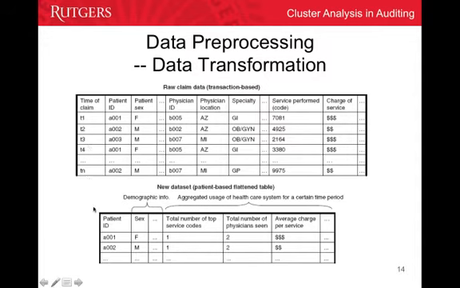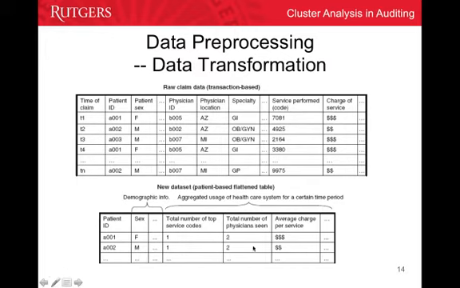For example, if we want to focus on the patient, not on each transaction, we may want to reorganize the data, like aggregate some fields, so that we could use this reorganized data in the model we may want to use in the following steps, in the cluster analysis.